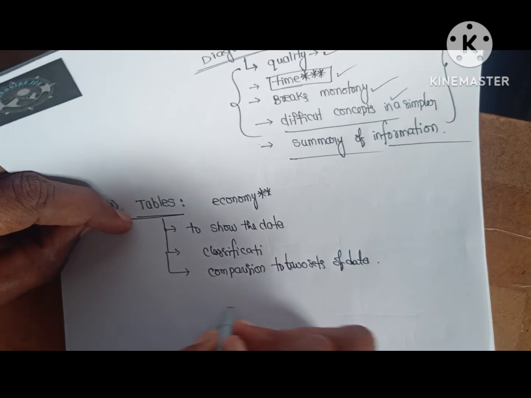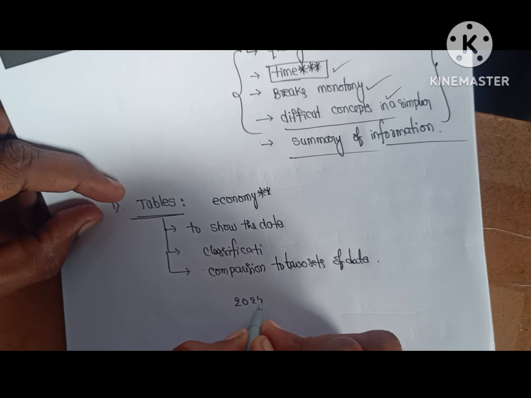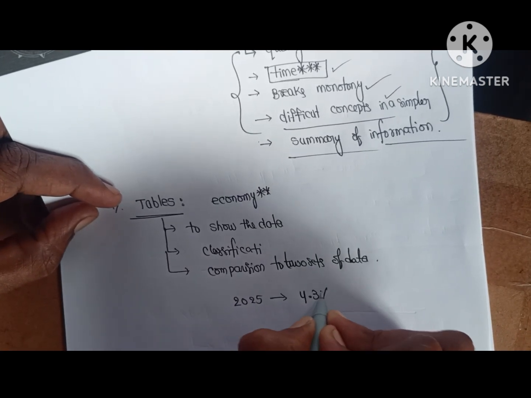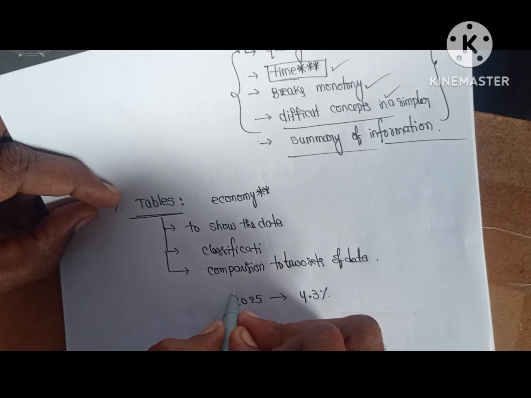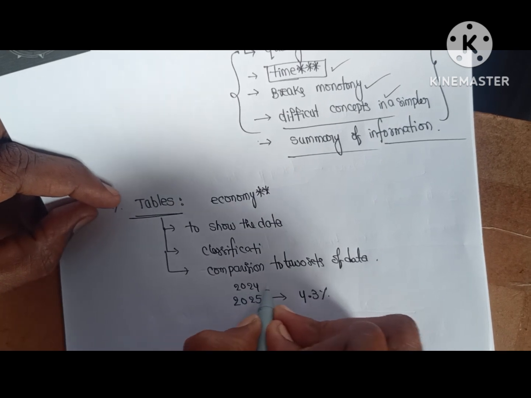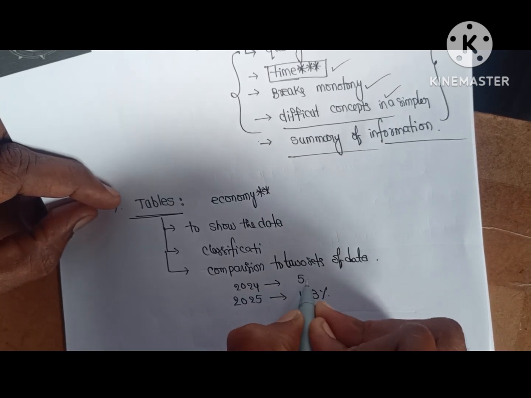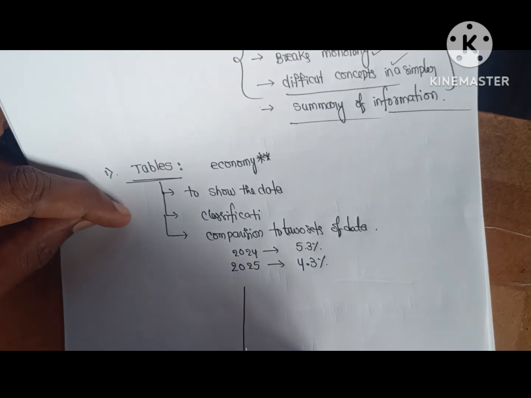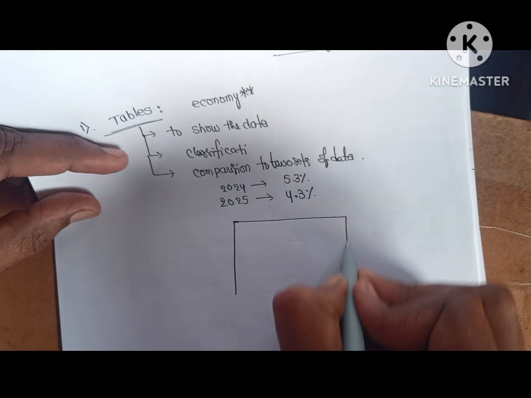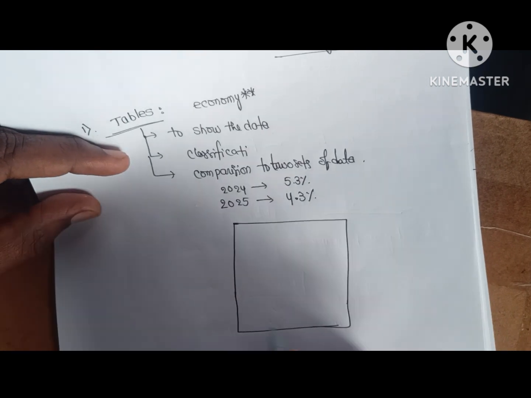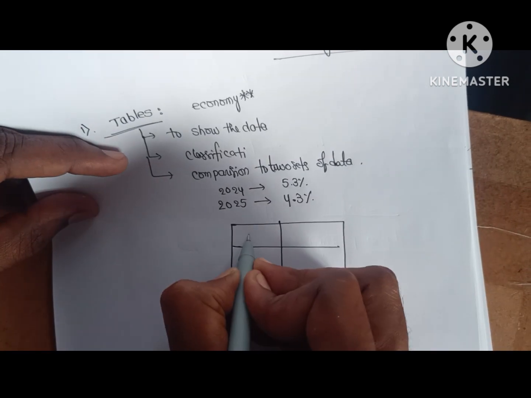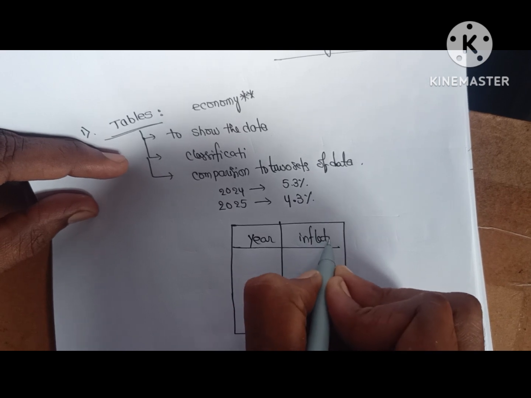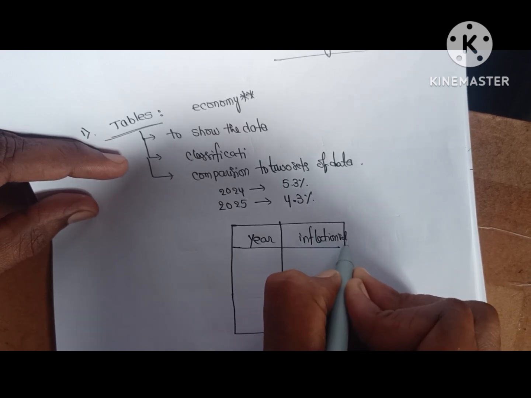Instead of writing data like, for 2025 the inflation is 4.3%, and in 2024 the inflation is around 5.3%, try to draw a table which includes year and inflation rate.